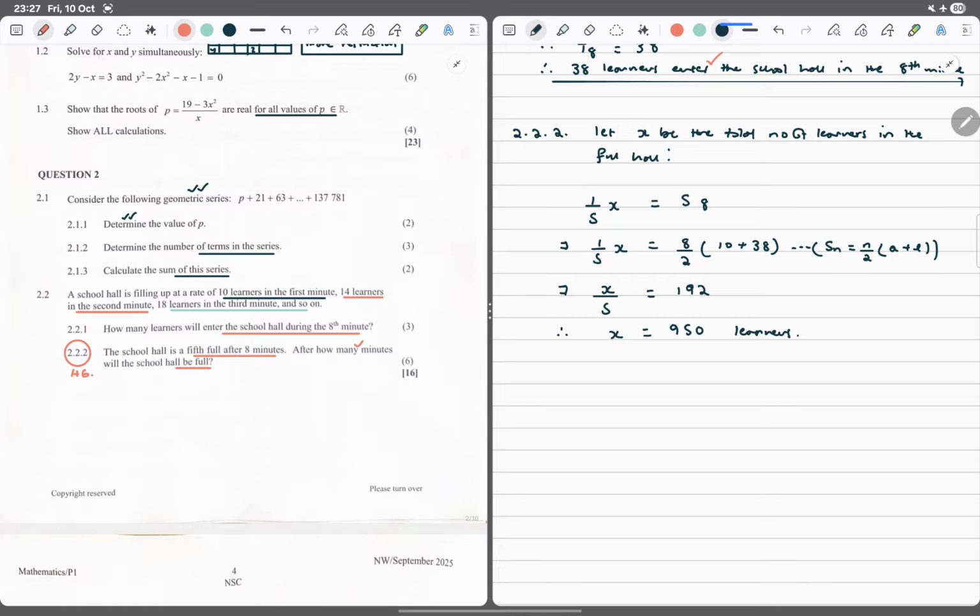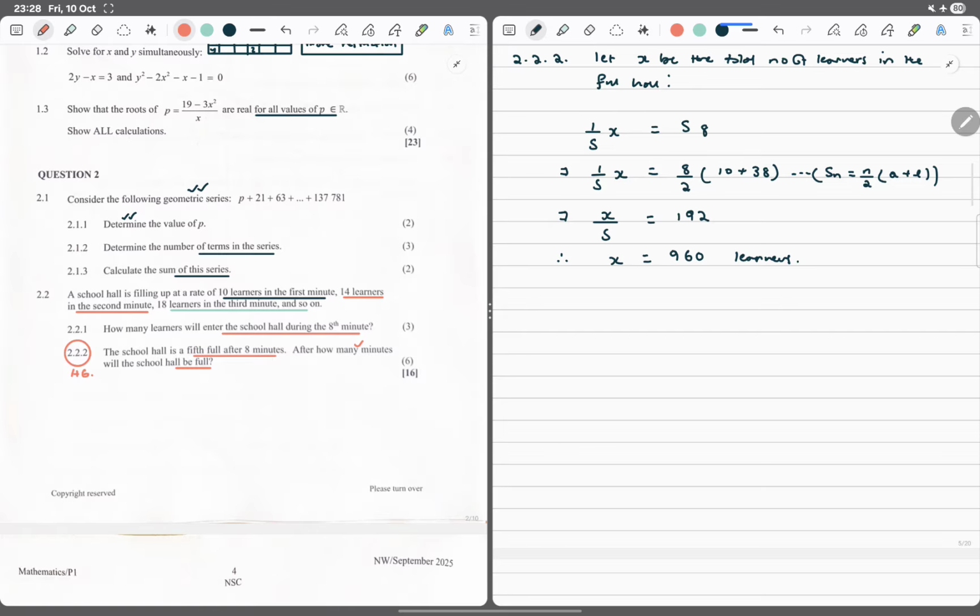Right? So technically the full capacity of this hall can accommodate 950 learners, right? Is it 950? 192 times 5. Here we're 960. Yeah, silly things, folks. Silly things. So please don't be absent-minded when doing these. Be very, very, very conscious.